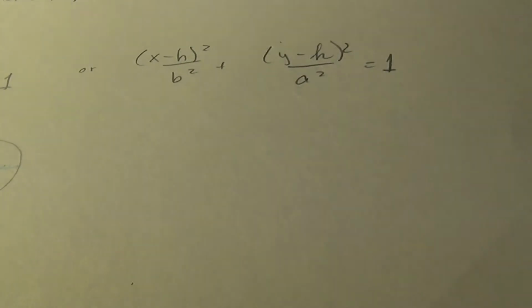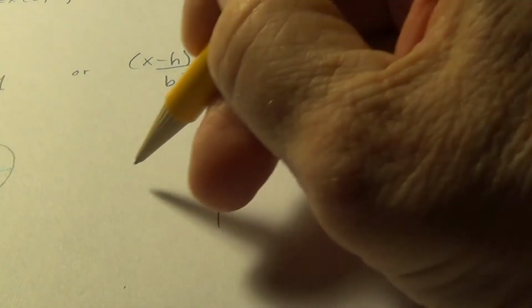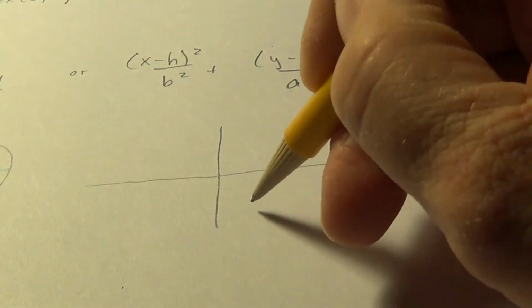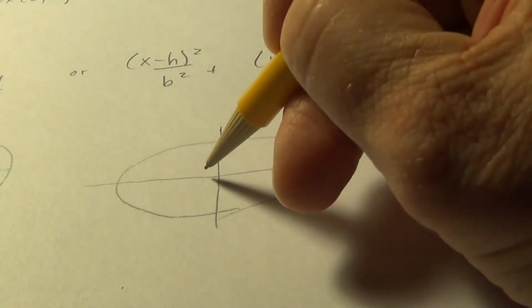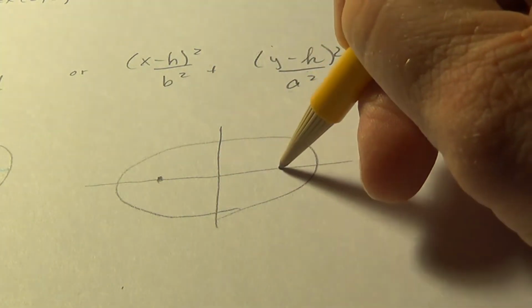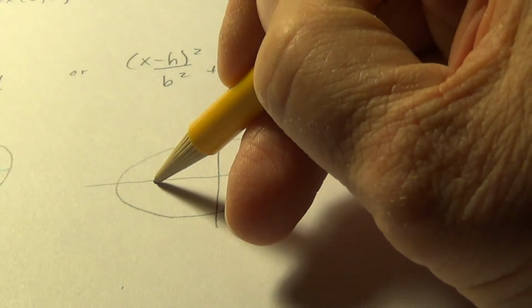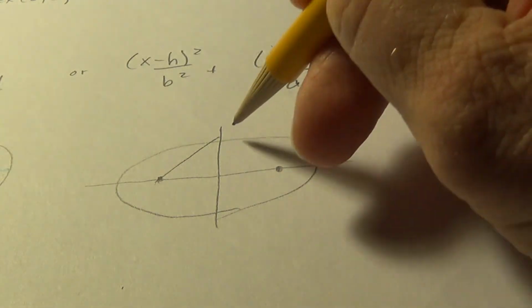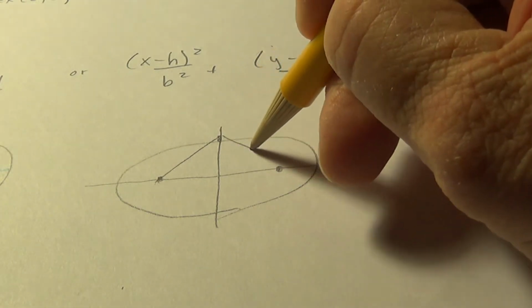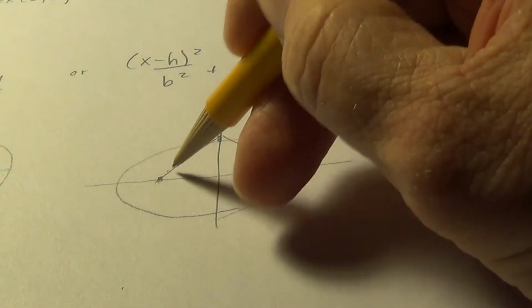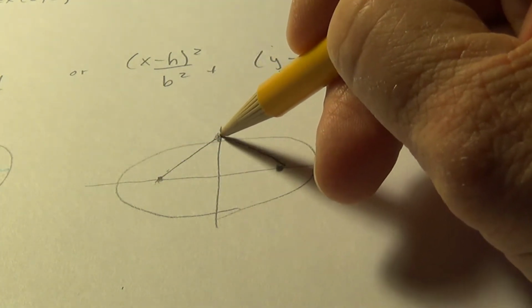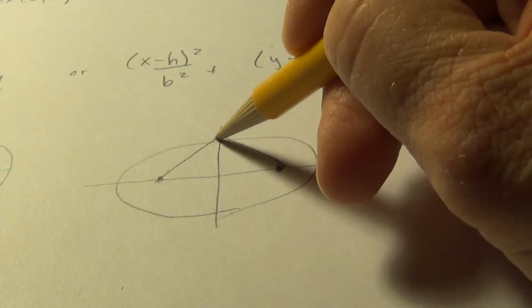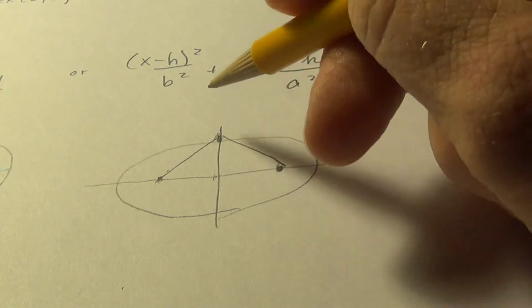Anyway, the string is 2a long, so here's the center, and here are the foci. Now I'm going to put the string here, right there, and here. So these are equidistant, and I'm putting it at the vertex where the minor axis hits the ellipse.